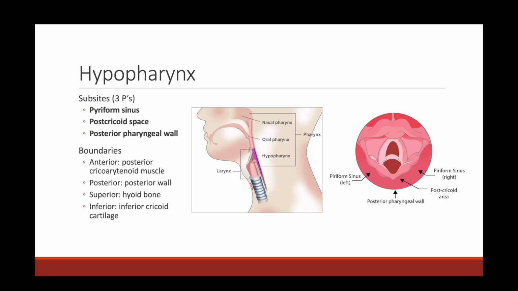In terms of the boundaries of the hypopharynx, anteriorly, it's going to be the posterior cricoarytenoid muscle. Posteriorly, it's the posterior wall. Superiorly, it's the hyoid bone. Anything above the hyoid bone is considered oropharynx, and inferior to that, it's considered hypopharynx. Inferiorly, the boundary for the hypopharynx is the cricoid cartilage.